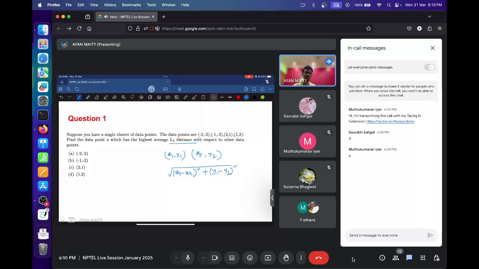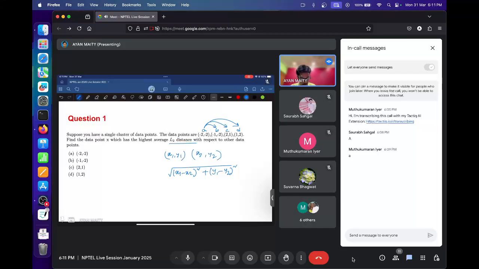This is the same as the Euclidean distance between any two data points. Now if we name these four data points as A, B, C, D, for point A you have to find the distance between A and B, A and C, and A and D. You have to find these three distances for point A and take the average of that. That gives you the average L2 distance from point A to all the other points.